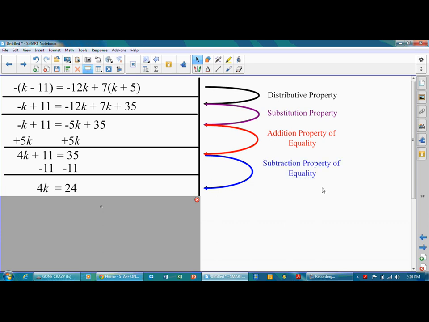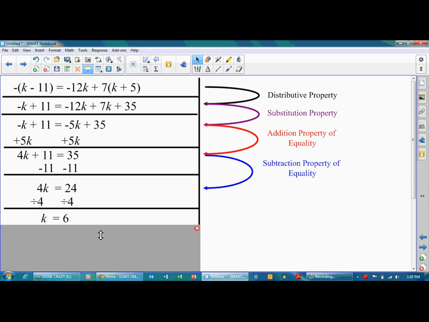We subtracted, so that's the subtraction property of equality. And finally, we need to get k by itself, so we divide by 4 on each side and get k equals 6. That would be our division property of equality. And so this one had 5 steps.